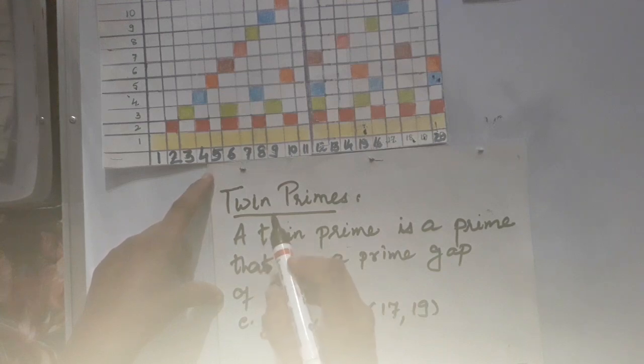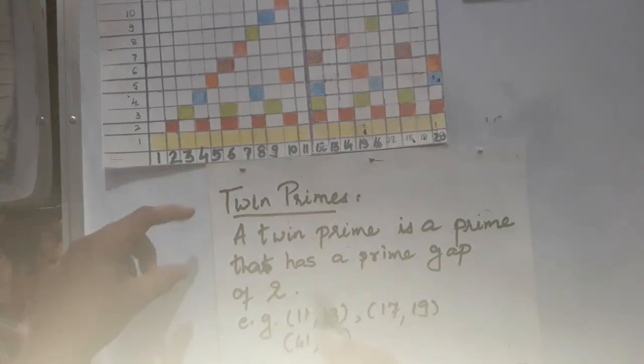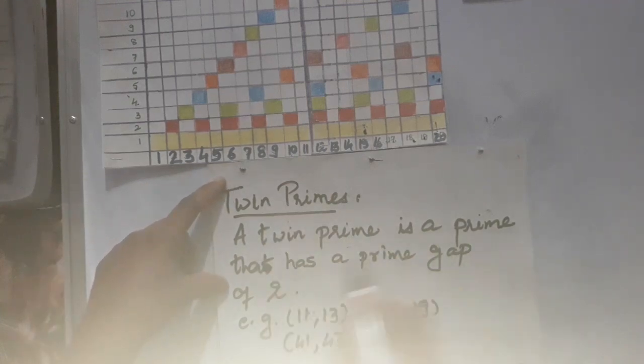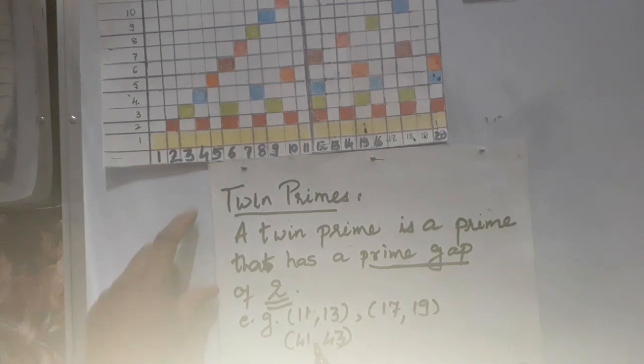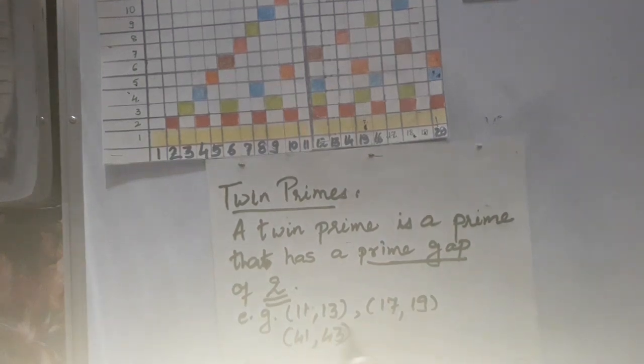Now we will see what is a twin prime. A twin prime is a prime that has a prime gap of 2. Let us see the example. Say 11 and 13, they are prime numbers, and the difference between 13 and 11 is 2.